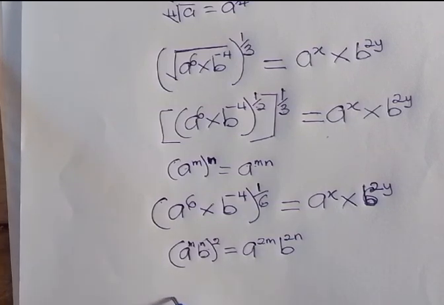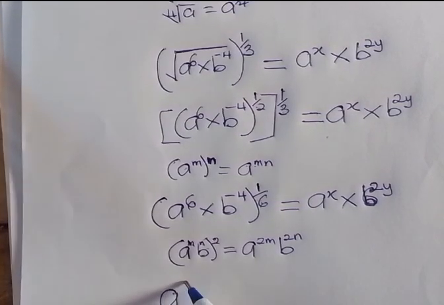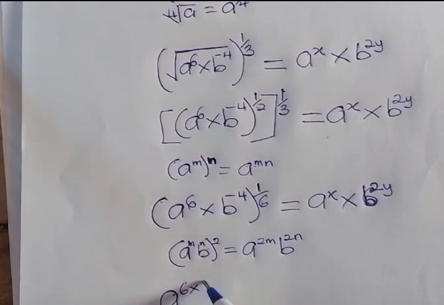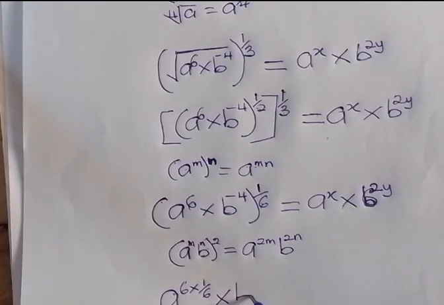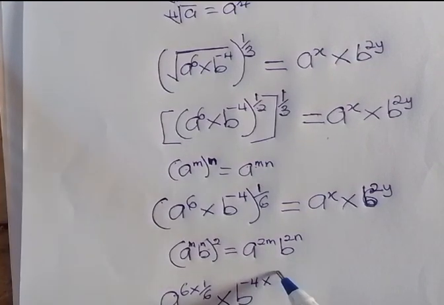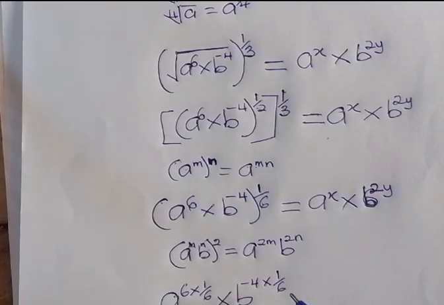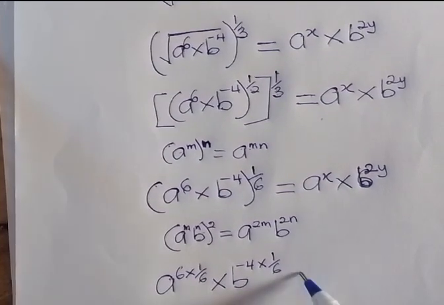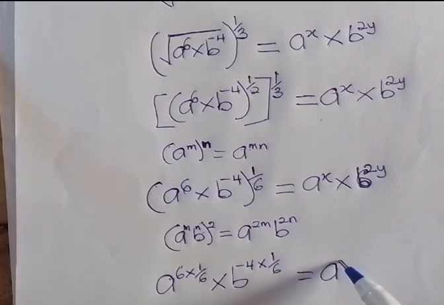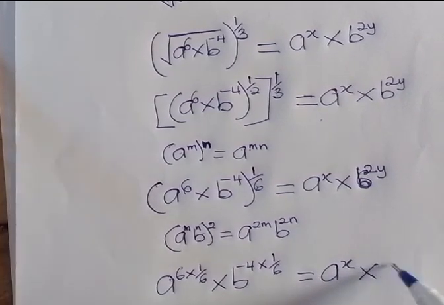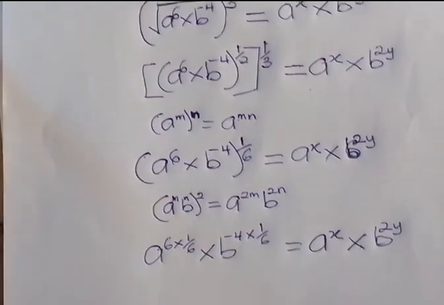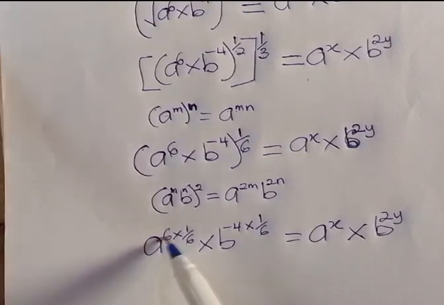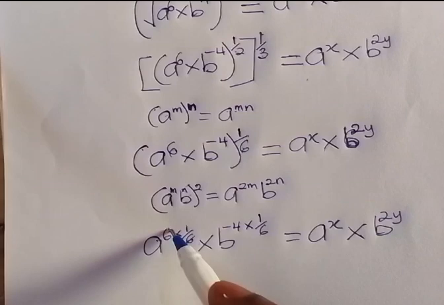So I can write a exponent 6 times 1/6 times b exponent -4 times 1/6. Okay, like this. Then I will bring my a exponent x times b exponent 2y. Okay, great. Since we are multiplying, we can cross this out.